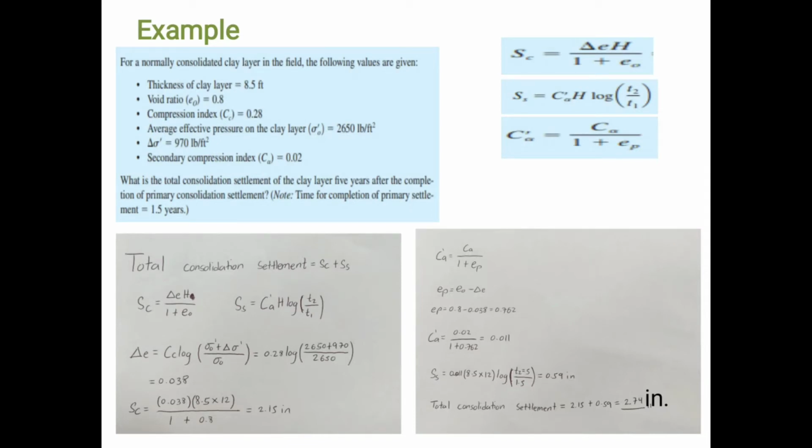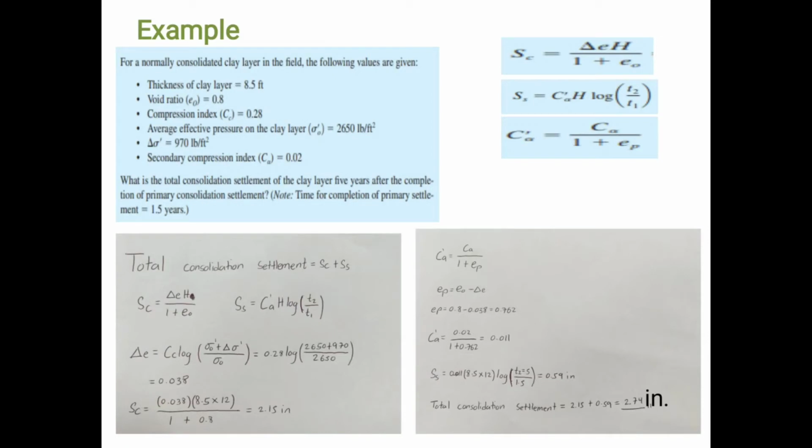So we have to get the e sub p. The formula for e sub p equals void ratio minus change of void ratio. Then we already have the values. We have 0.762 for e sub p. Then distribute the value of e sub p. We have 0.011 for magnitude of secondary consolidation. Then next we can get the secondary settlement.